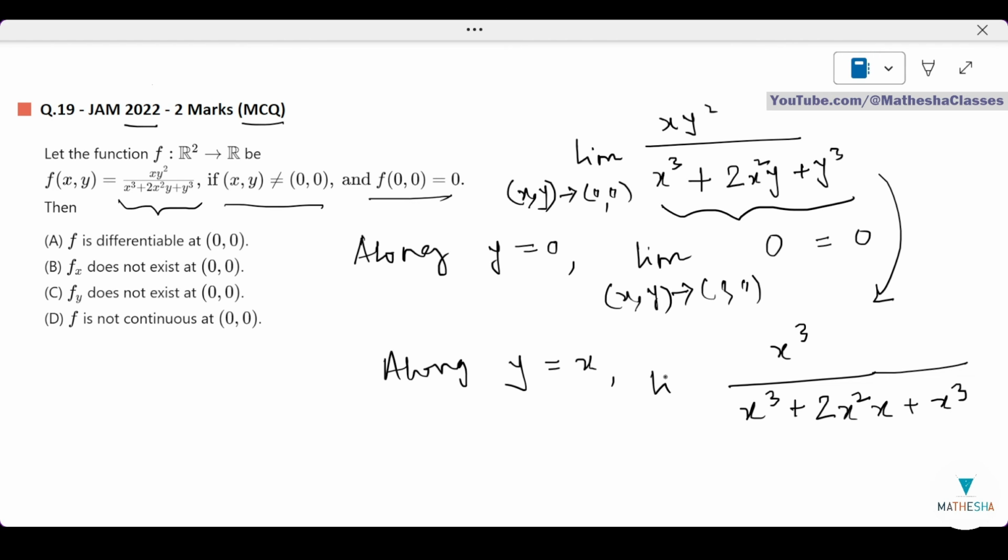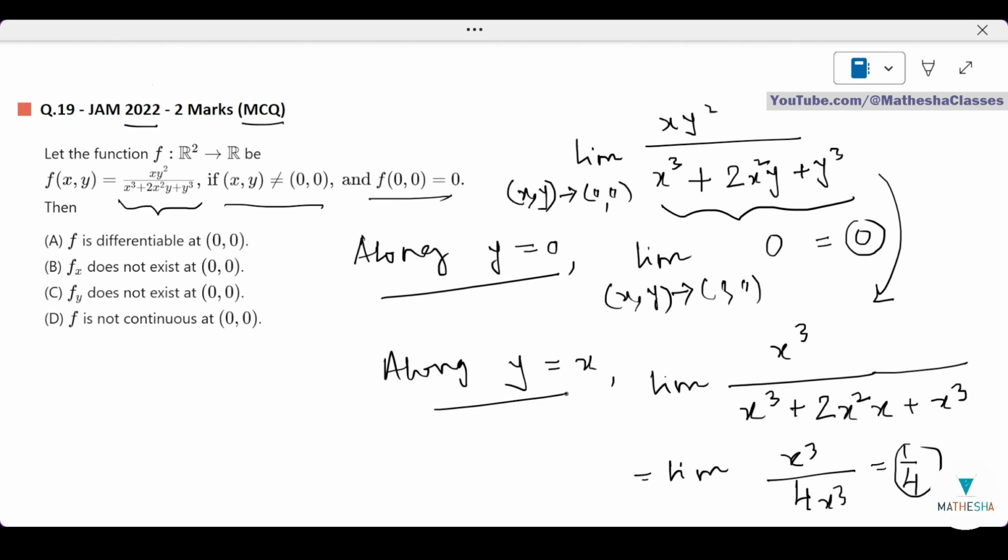So now when you are taking the limit, that will become limit x³ upon x³ + 2x³ + x³, so 4x³. So it is becoming 1 upon 4. So once again you are getting two different limits along two different paths.